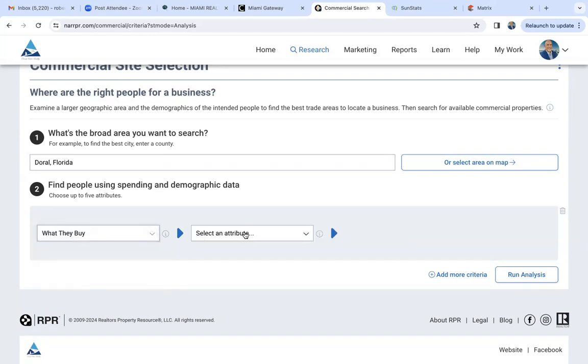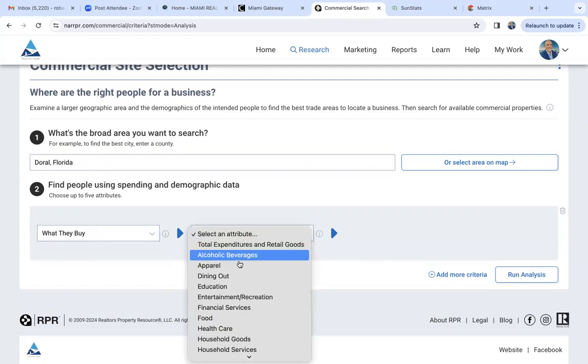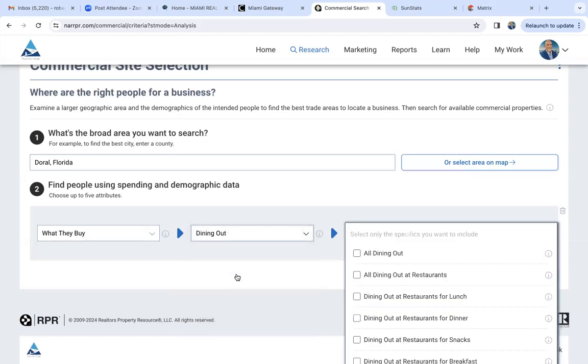And then you're going to come over here and you're going to click on dining out. You have total expenditures, alcoholic beverages, apparel. So apparel, let's say you're looking to open up a shoe store, right? Then you want to know who buys apparel and who's buying shoes. Right now, let's just do dining out.